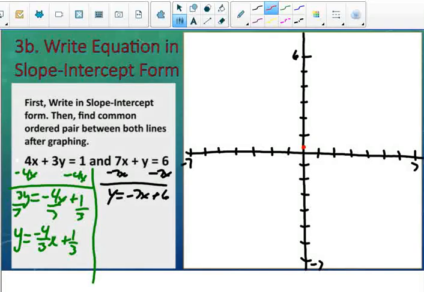So if you go down 4, I can take my 1/3 and subtract 4. That would give me about a negative 3.6. So I got to go past the negative 3, almost to the negative 4 part. And then I got to go to the right 3.